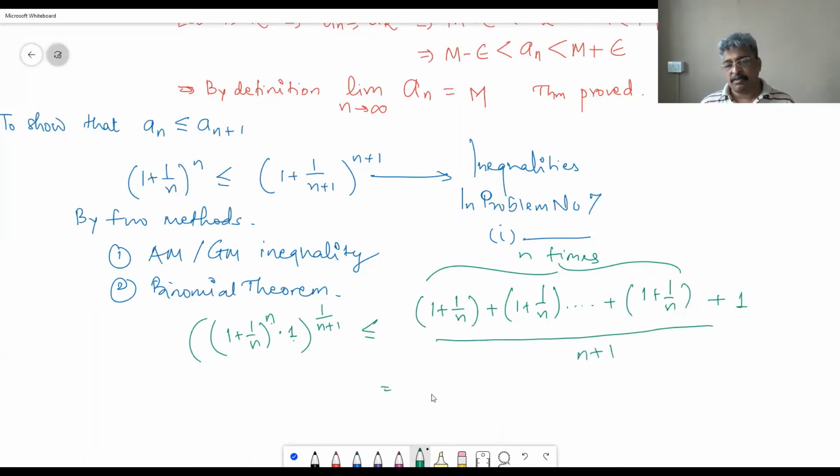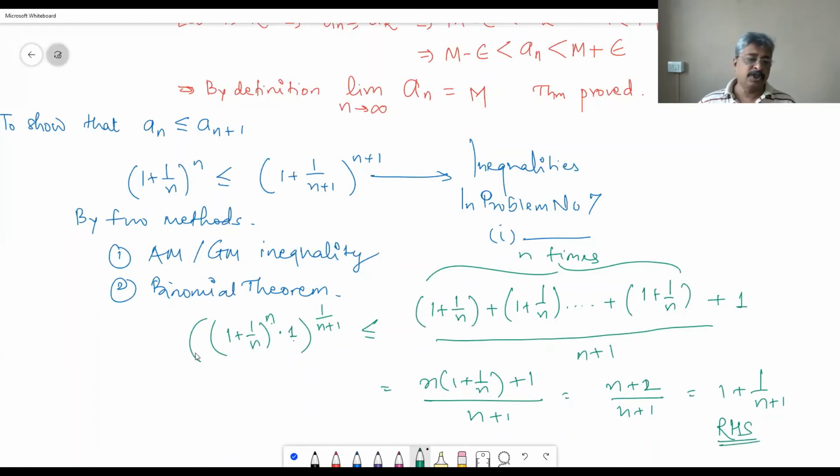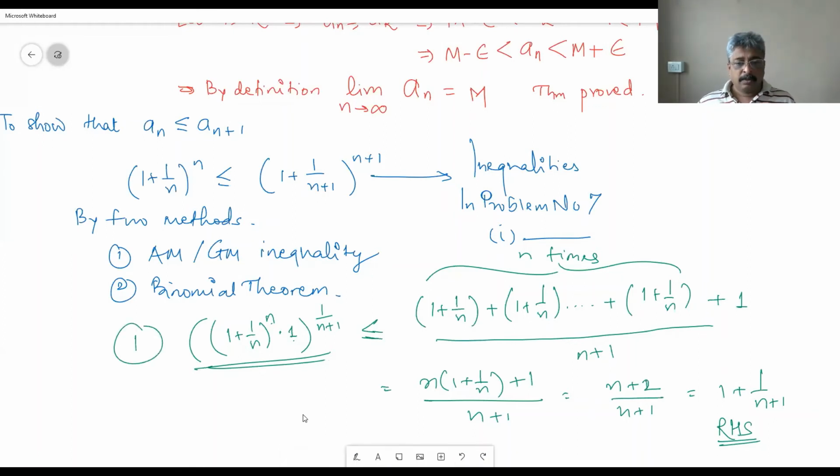So n into 1 plus 1 upon n, plus 1, upon n plus 1, which is n plus 1 plus 1, that is n plus 2, upon n plus 1, which is equal to 1 plus 1 over n plus 1, which is the RHS. This is a very fast way of doing it, because you are using a strong tool, the AM-GM inequality, and therefore you get LHS is less than or equal to RHS. That is method number 1. Method number 2.